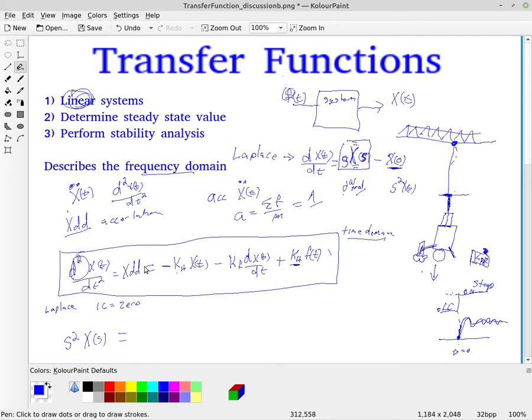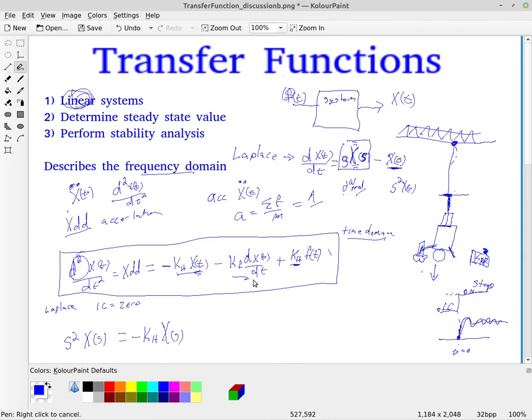And that is equal to Hooke's law here. When you do the frequency transformation, you get minus k_h, because this is the Hooke's law coefficient and just a scalar value, so nothing happens to that, but the x of t becomes X of s.